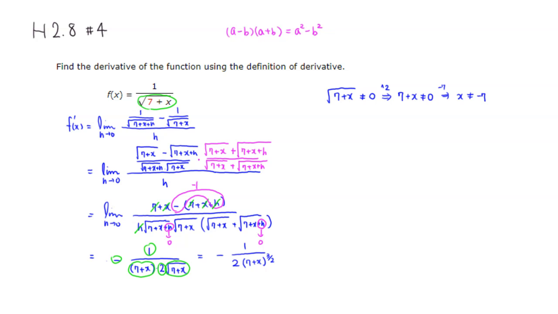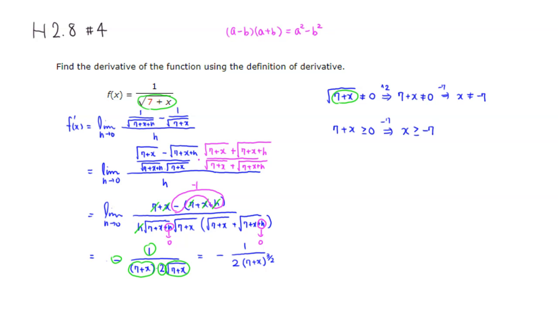And also, since you have a square root, the inside of the square root, which is 7 plus x, has to be non-negative. So we have 7 plus x has to be greater than or equal to 0. If you subtract 7, we know that x has to be greater than or equal to -7.